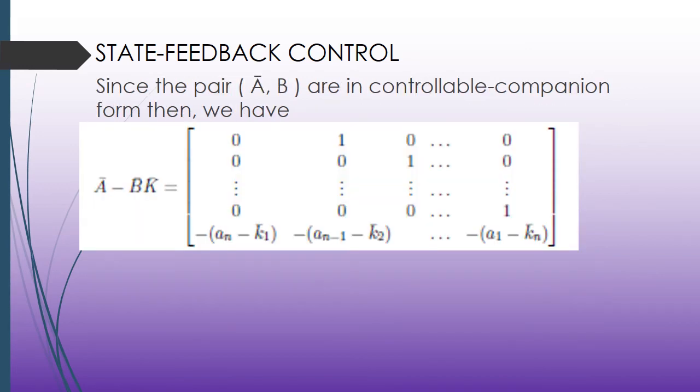Since the pair Â, B̂ are in controllable canonical form, we have this result.